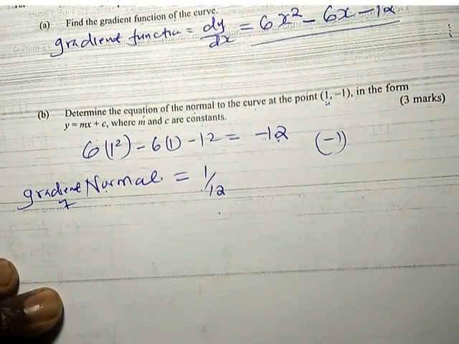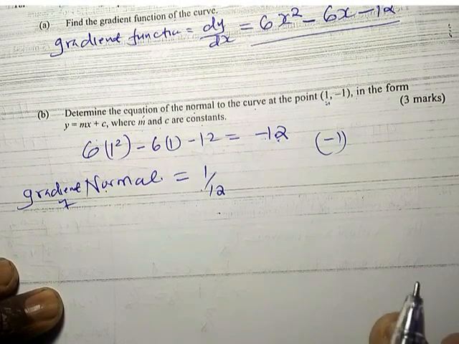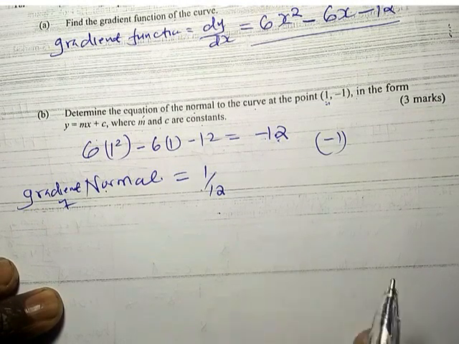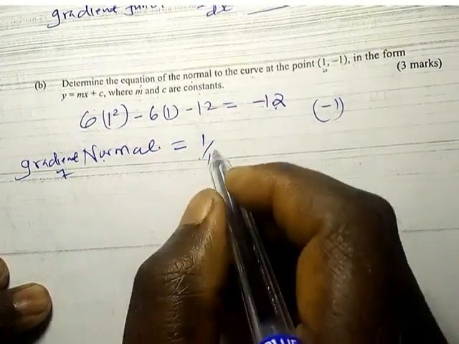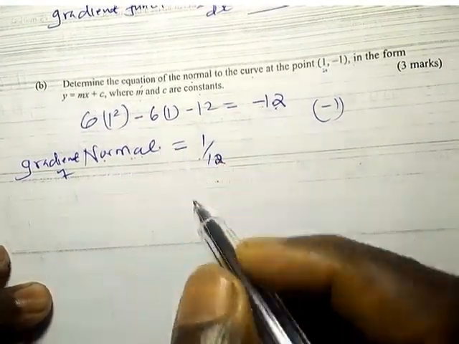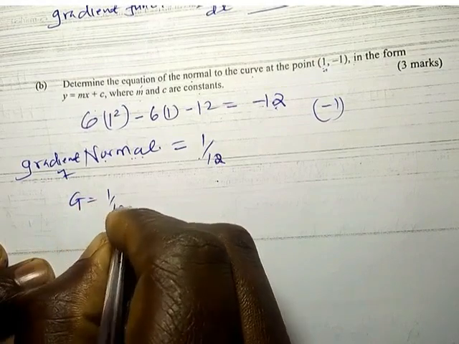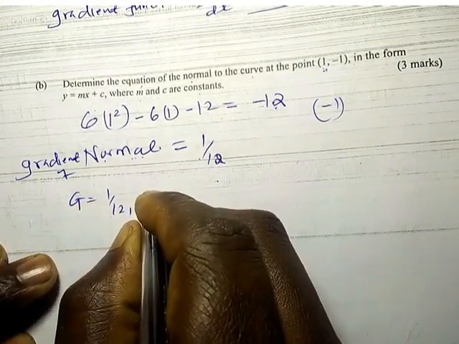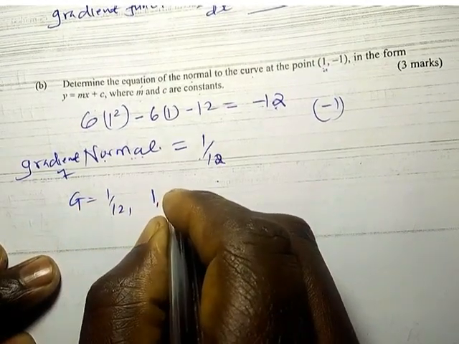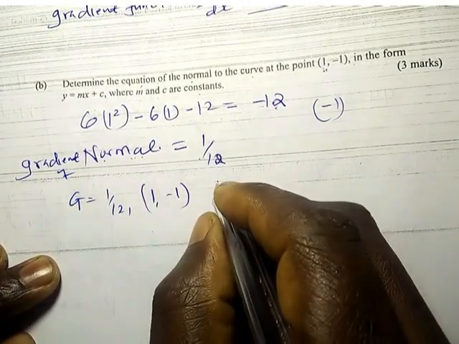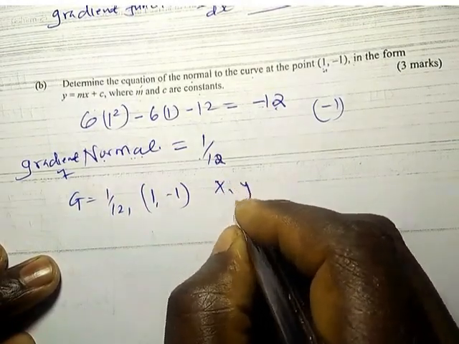We know perpendicular gradients, when you multiply, give negative 1. So now we have the gradient of the normal, which is 1 over 12. The point is 1, negative 1, and the general point is xy.